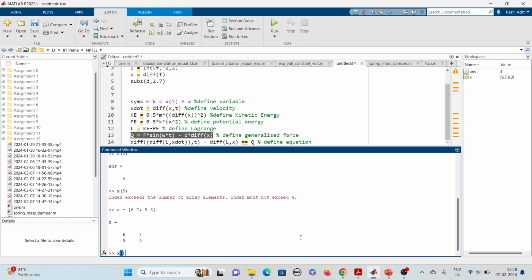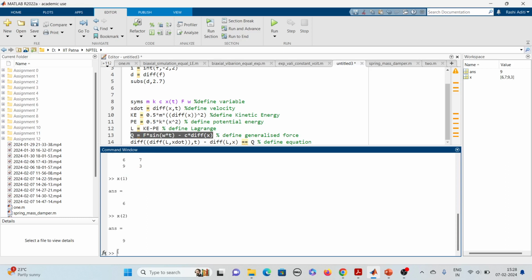If I define x of 1, it is going to give me 6, x of 2, it is going to give me 9, which means that in case of a matrix, the indexing is going to go first in an increasing manner down the first column, then it would go to the second column, and then it is going to further go in increasing order. Like that it will go on.